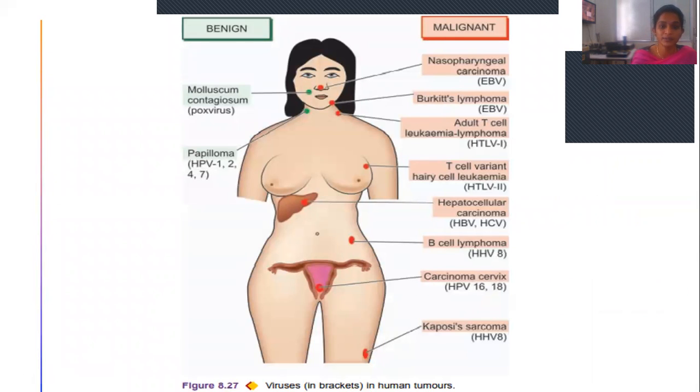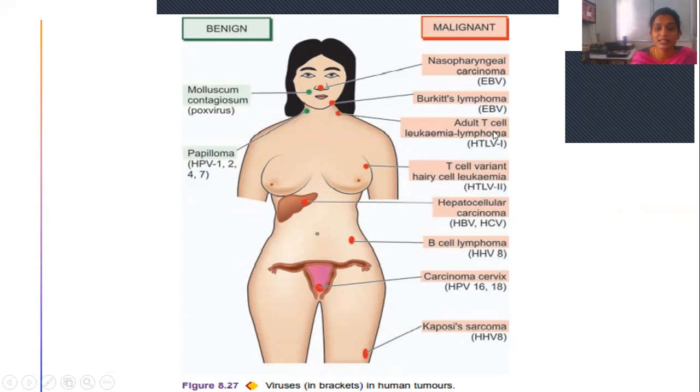And if you see this picture, benign lesions like molluscum contagiosum are caused by pox virus, and papilloma is caused by HPV types 1, 2, 4 and 7. Nasopharyngeal carcinoma is caused by Epstein-Barr virus. Burkitt's lymphoma, also Epstein-Barr virus, occurs in the chin region.